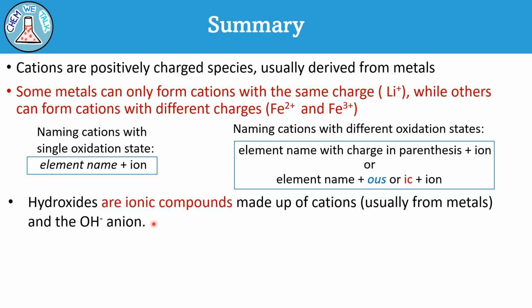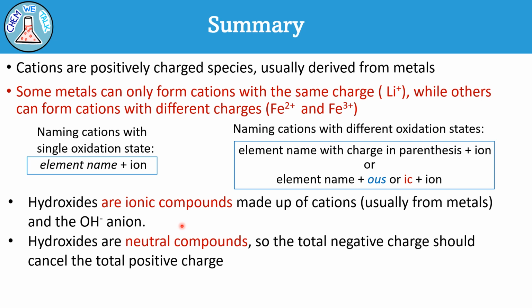Okay. Lastly, we discussed hydroxides, which are ionic compounds made of cations, usually from metals, and the OH anion. Those are neutral compounds, so when writing down your hydroxides, you have to be careful because you need to make sure the charge is balanced. So you might need to add some extra OH, in parentheses, to compensate for the charge of the metal.